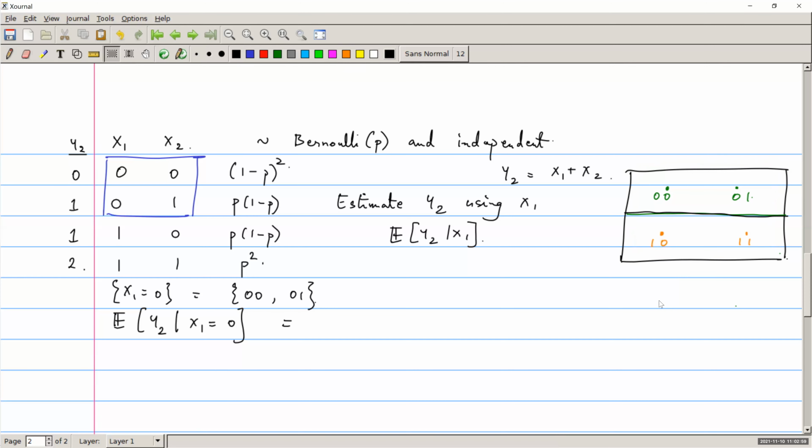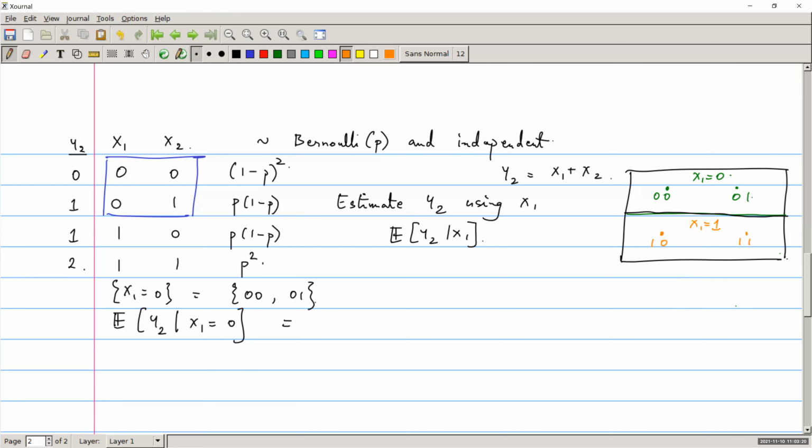So x1 partitions the universe like this. The 2 green points are x1 equals 0. The green points correspond to the event x1 equals 0 and the orange points correspond to the event x1 equals 1. Everyone okay with this?